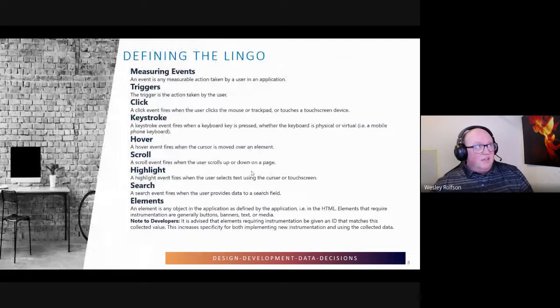So, to go into more detail on what instrumentation actually looks like: when you're instrumenting, especially websites and applications, like computer applications or web applications, we're really just talking about measuring a single event.